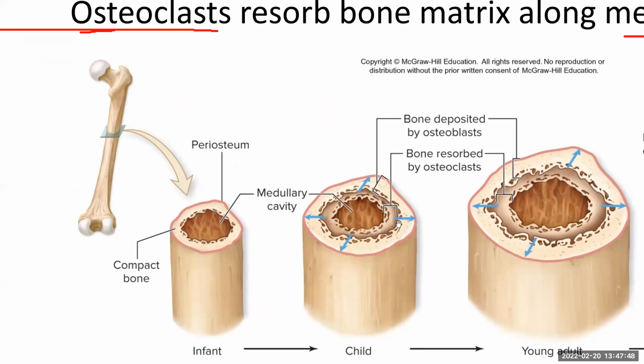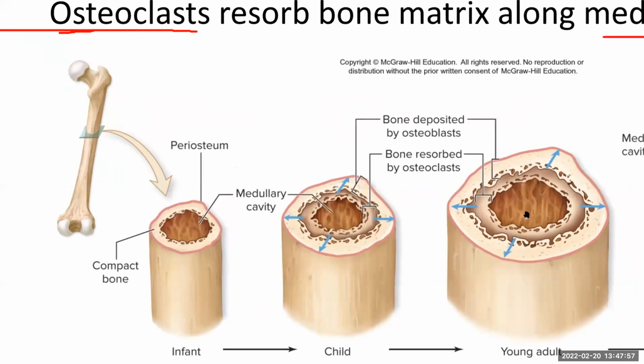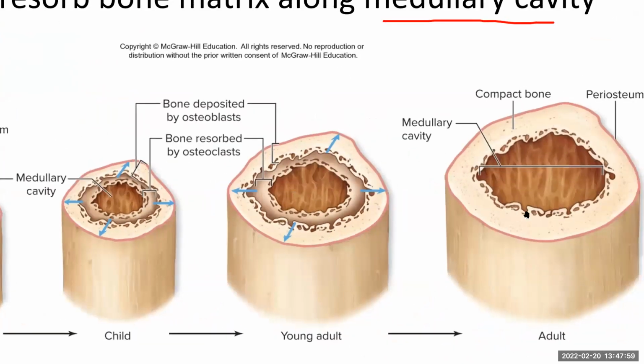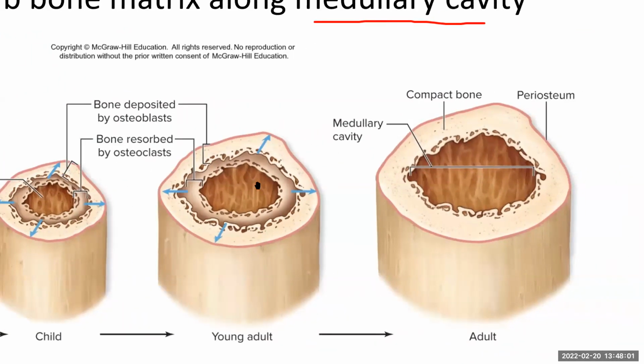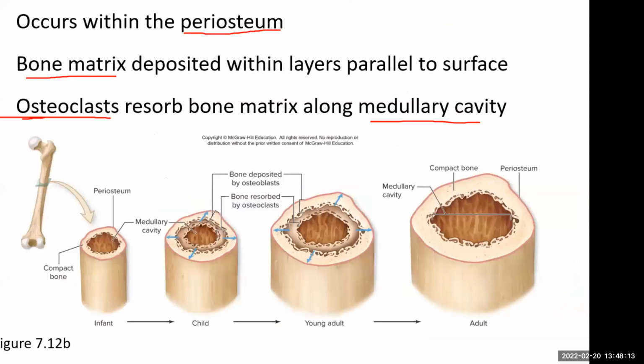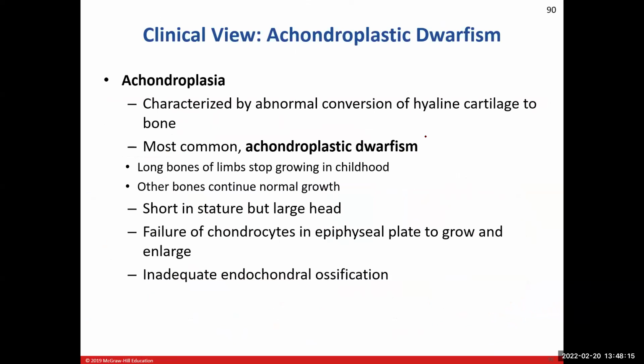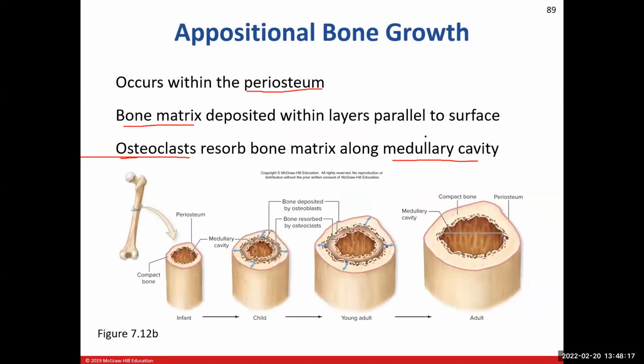Meanwhile, as the new bone matrix is being laid down, the osteoclasts on the inside resorb that old bone matrix. In doing so, you can see how the medullary cavity gets bigger and bigger as the periphery of our bone gets wider and wider because the periosteum is creating that new bone matrix. And that's really it for appositional bone growth.